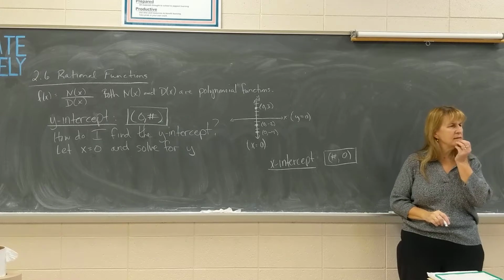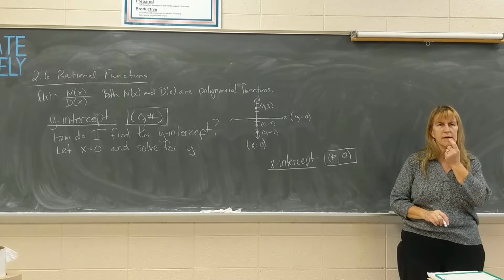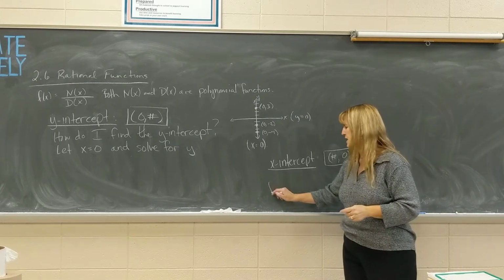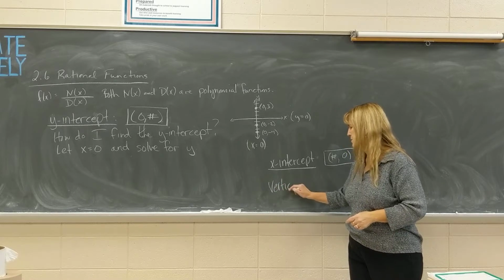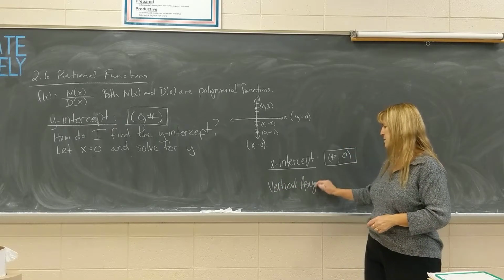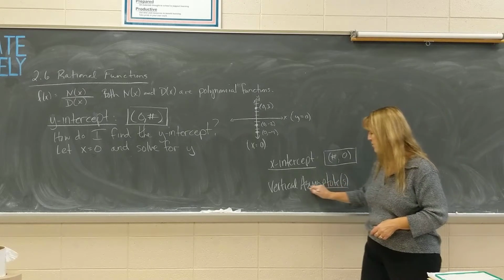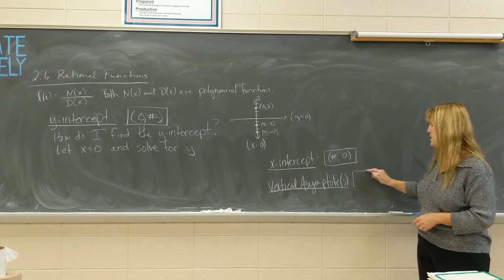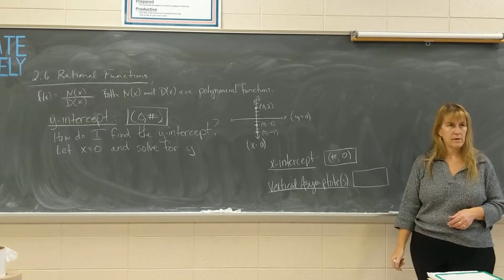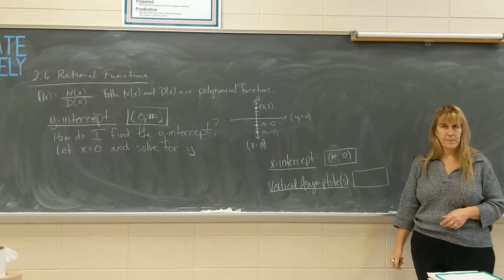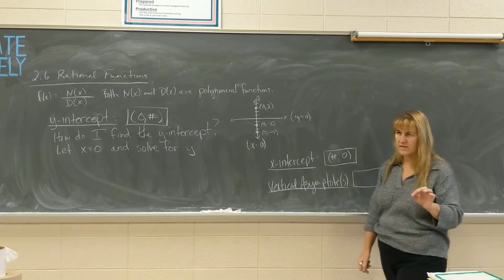And what's the other thing we did? What's the first thing we had on the board? Vertical asymptotes. So if I had vertical asymptotes, and I had that written with an S in parentheses and it was underlined, how are we going to give those answers? Read what you have for vertical asymptotes.